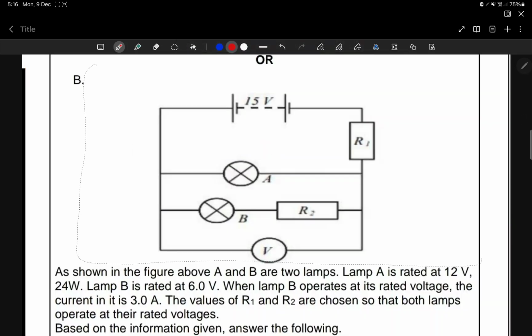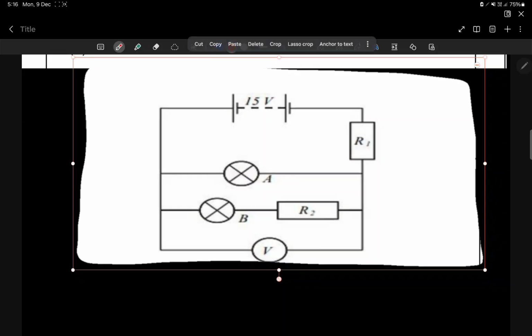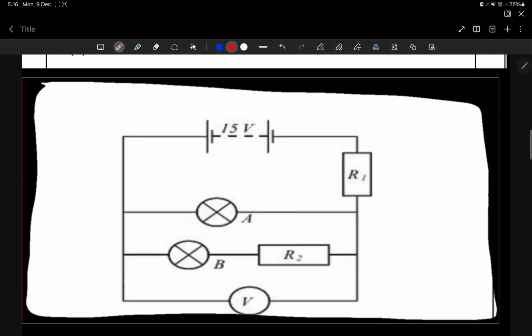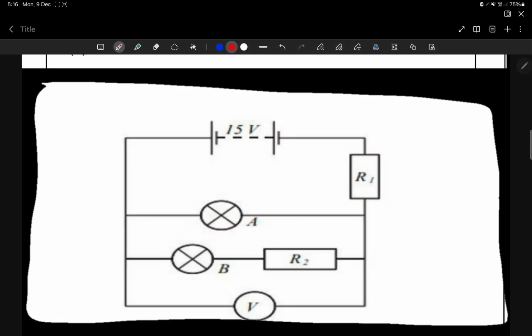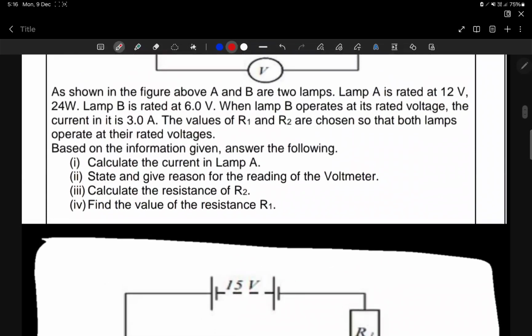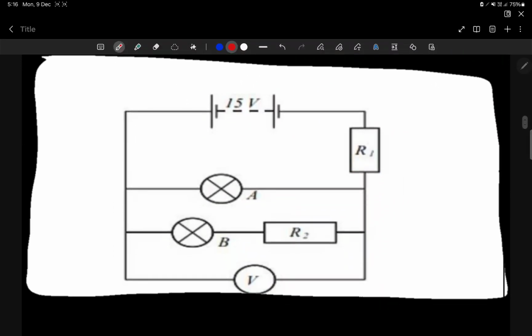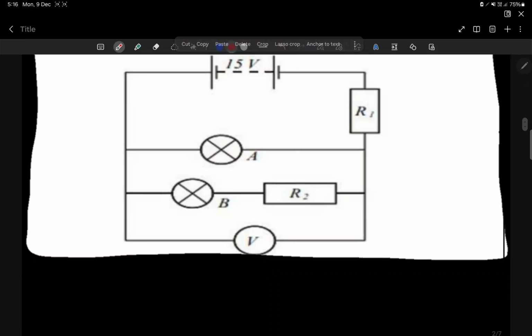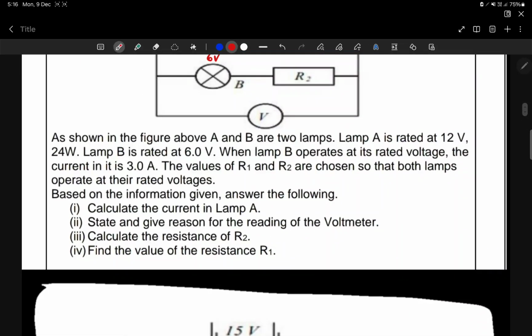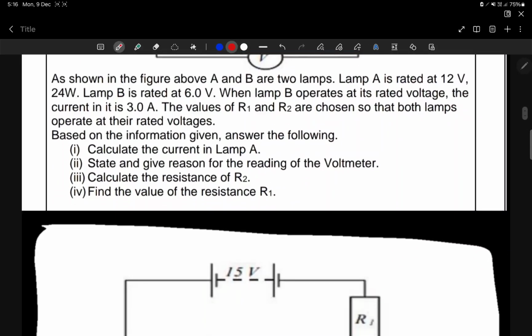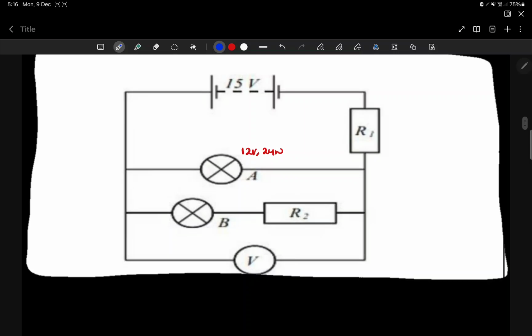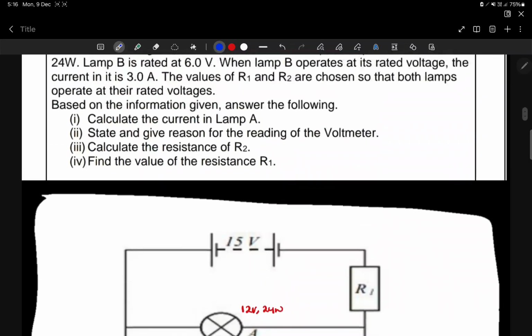Now we can discuss the whole question in a very comfortable manner with this diagram. It is mentioned lamp A is rated at 12 volt, 24 watt, and also it is given lamp B is rated at 6 volt.